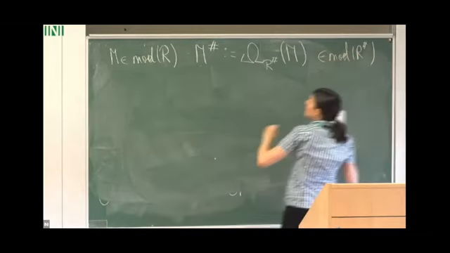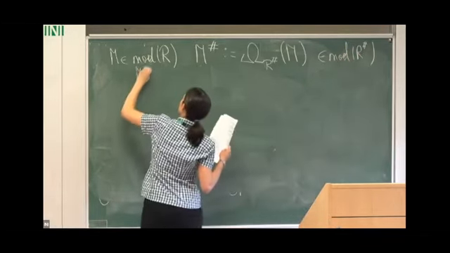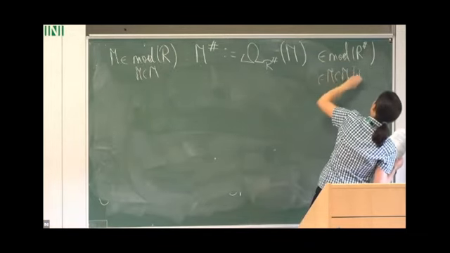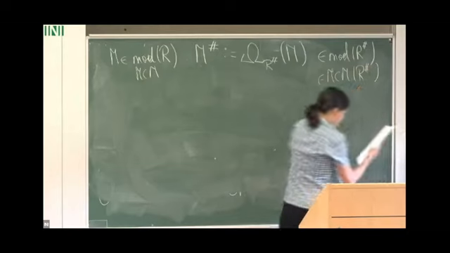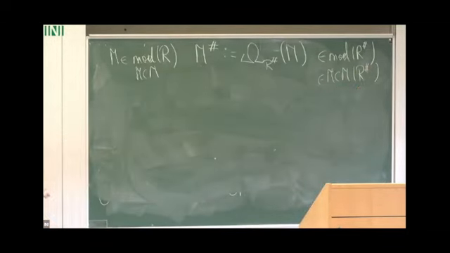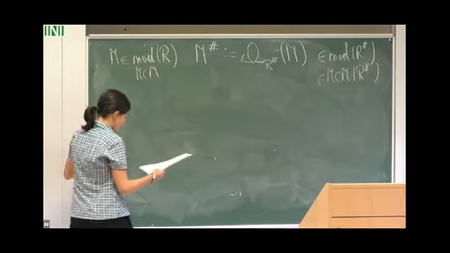And if this is in MCM, then this guy here is in MCM of R sharp. And then how to get from R sharp down, this is then flattening.